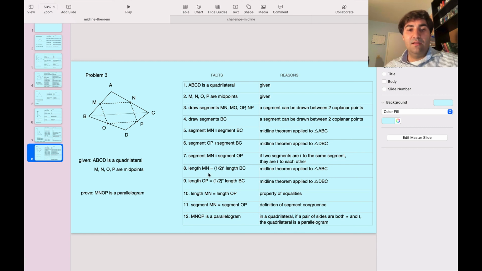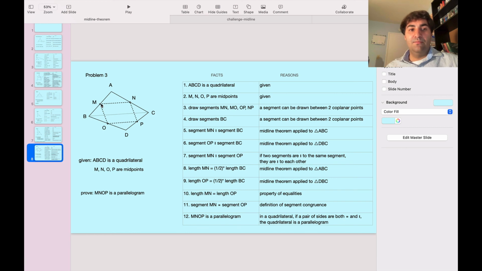So we know that the length of MN is equal to the length of OP by the property of equalities, right? Because they're both equal to 1/2 the length of segment BC. So using segment congruence, we know that segment MN is congruent to segment OP.